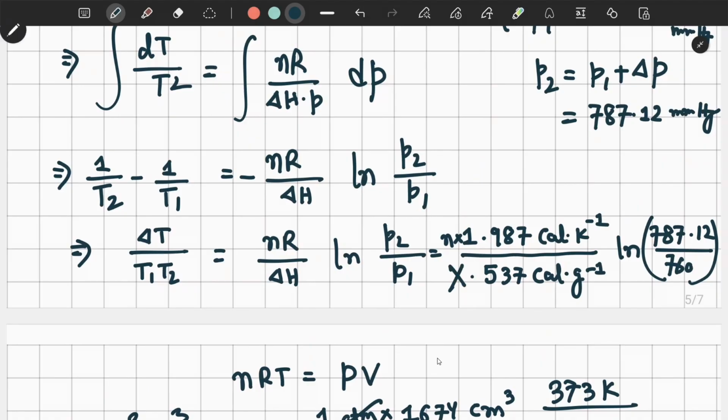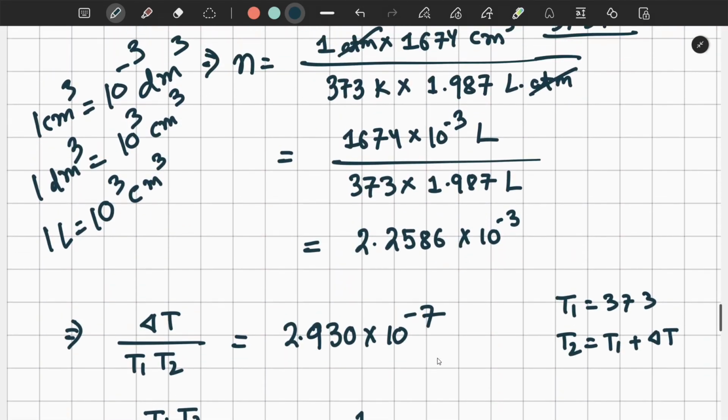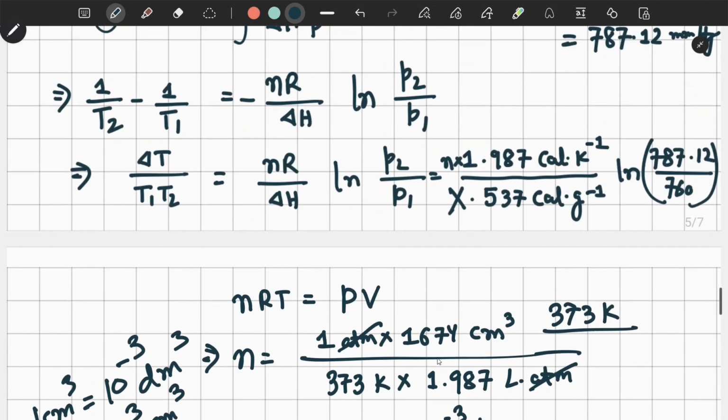How many grams are there? If there is n mole of water, 18 grams is 1 mole, right? So n mole will be 18n grams.